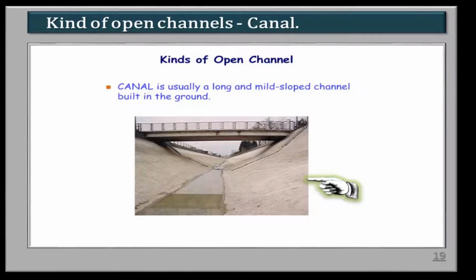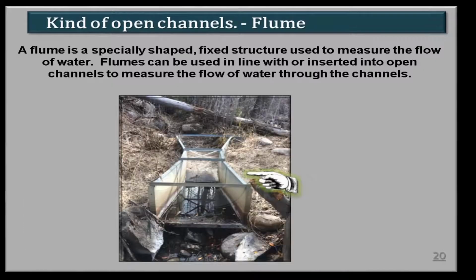Canal is usually a long and mild sloped channel built in the ground. Open channel. Flume. A flume is a specially shaped, fixed structure used to measure the flow of water. Flumes can be used in line with, or inserted into open channels, to measure the flow of water through the channels.